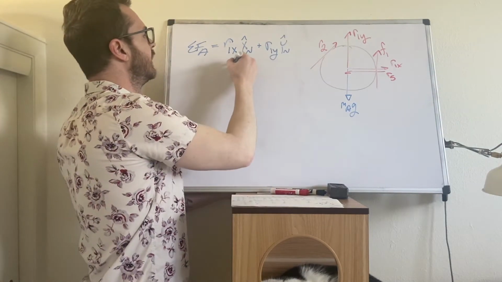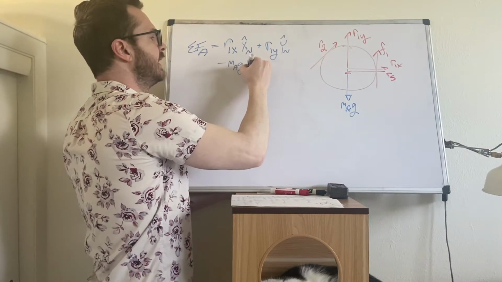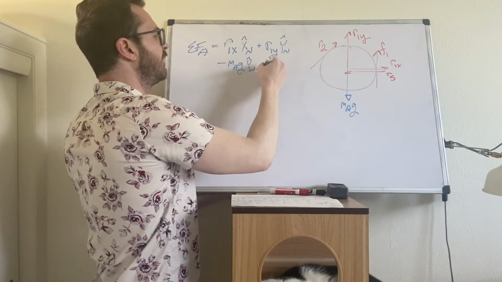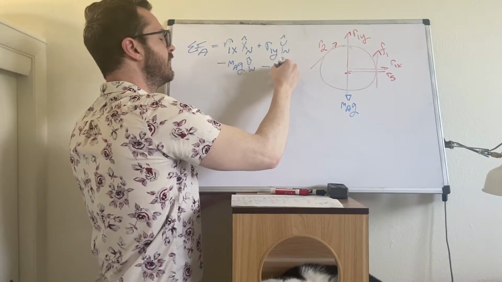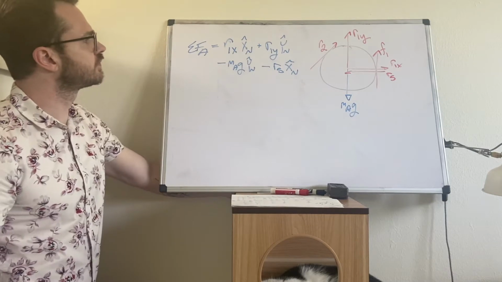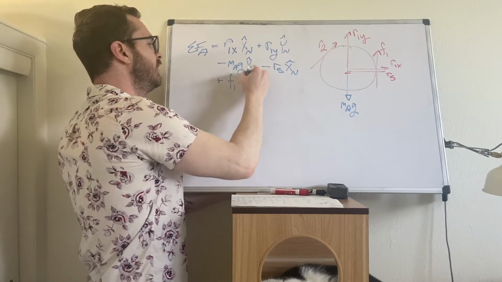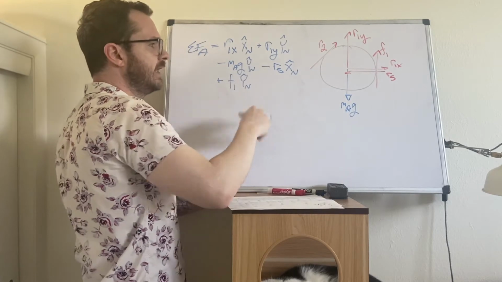Let's go ahead and get gravity in there, minus MAG, Y hat in. Let's do R5. R5 is acting in the negative X hat in direction. Let's do friction, so plus F1 in the Y hat in.